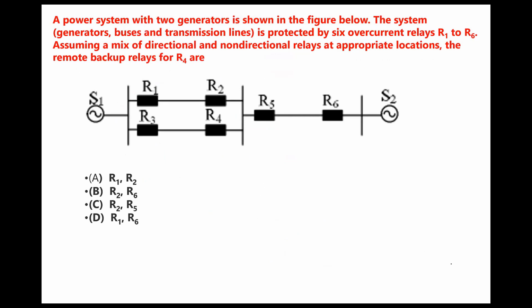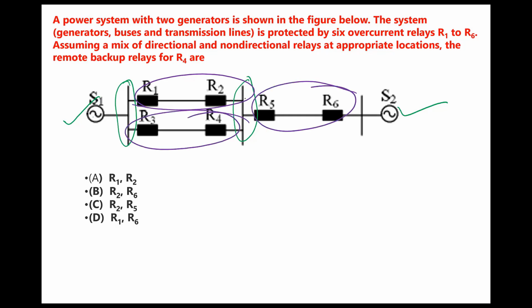A power system with two generators, S1 and S2, is shown in the figure. The system, that is generators, buses and transmission lines: these two are generators, these two are buses, and remaining there are three transmission lines. So there are two generators, two buses and three transmission lines.